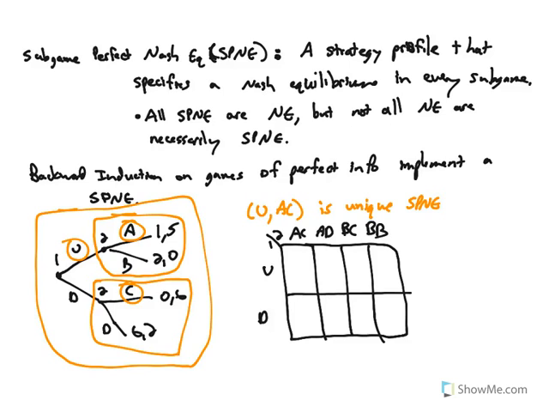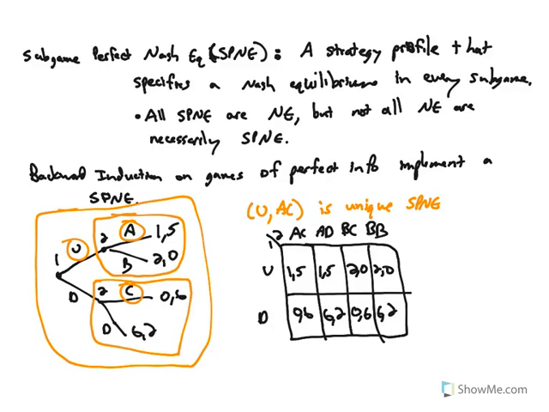Don't forget that. So if player 1 chooses up, player 2 chooses A, we get payoffs of 1, 5. If player 2 chooses B, we get payoffs of 2, 0. And then if player 1 chooses down, and player 2 chooses C, we get payoffs of 0, 6. And D for both players gets us 6, 2.